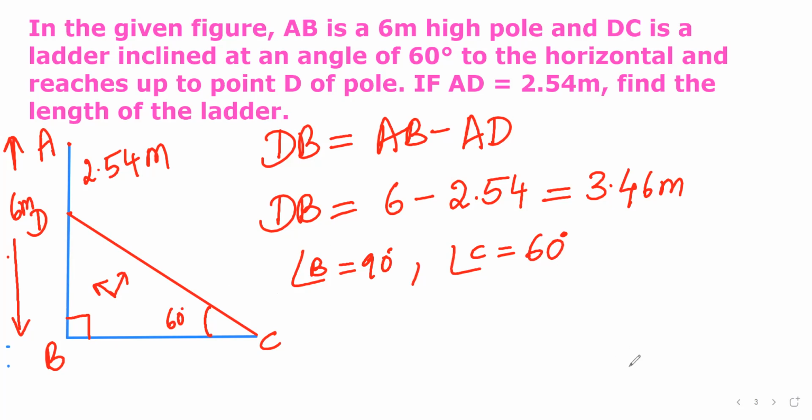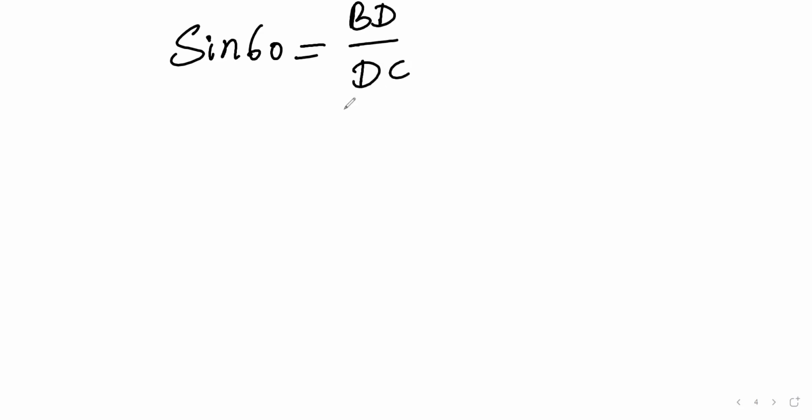Now what I can write is, from the diagram, sin 60 equals BD divided by DC.